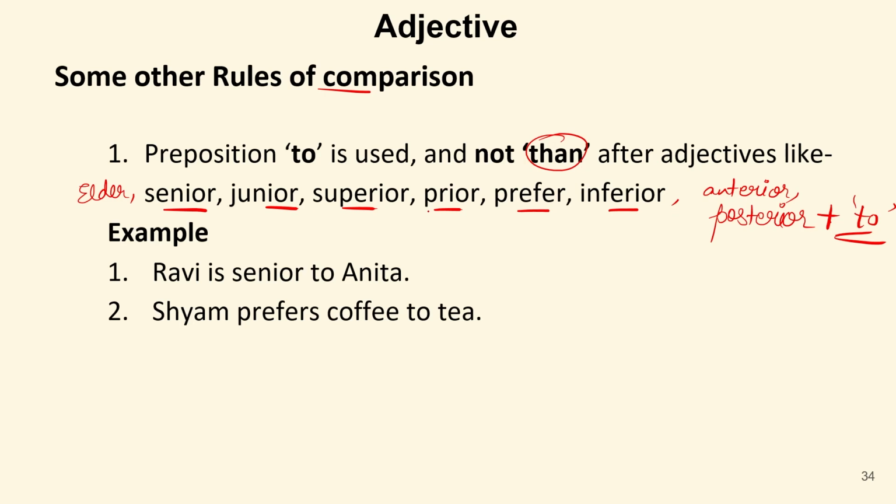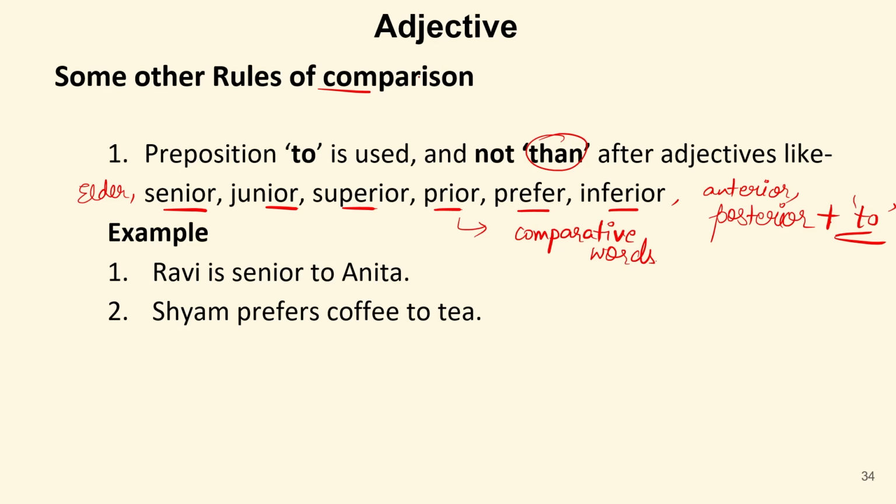Because all these are comparative words. These are not comparative degrees. These are comparative words. Now, you must be thinking, what is the difference between comparative degrees and comparative words? Just look at all these words. They are the simple words.